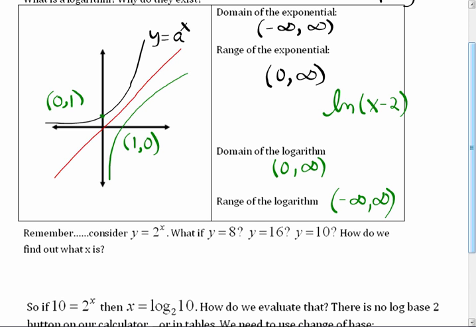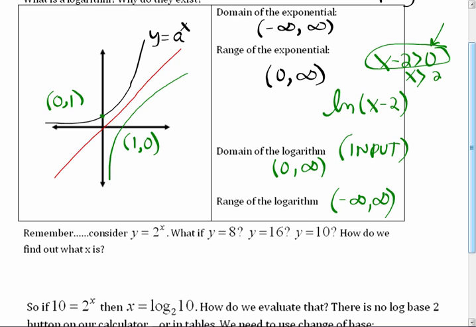What is domain? Input. Could be x's, could be t's. So your input to this function, I don't care what is in there, it's a composite function, x minus 2 must be greater than 0, so what's true about x? It has to be greater than 2. You get the point for this line right there, even if you can't solve.